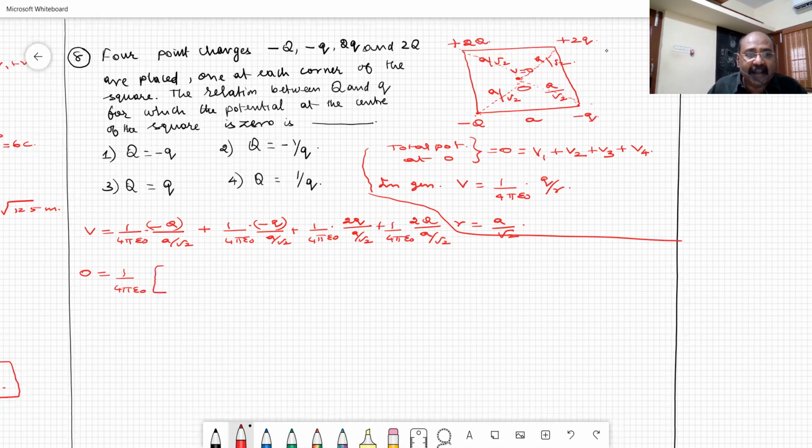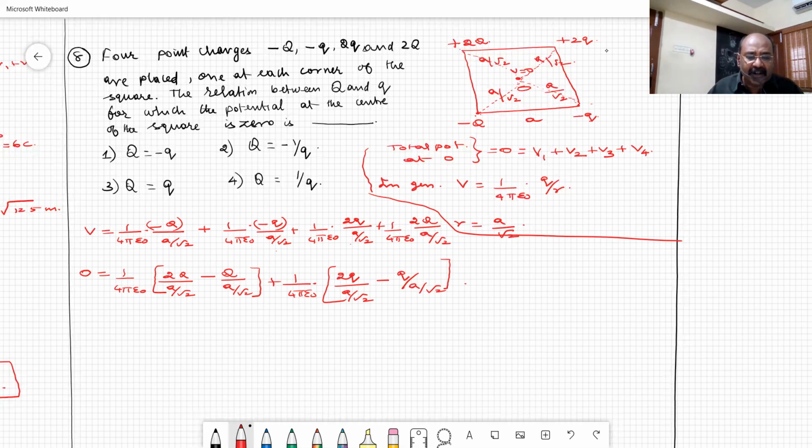So I can write 2Q divided by A by root 2 minus Q divided by A by root 2, then plus the remaining two: 1 divided by 4 pi epsilon 0 into 2q divided by A by root 2 minus q divided by A by root 2.